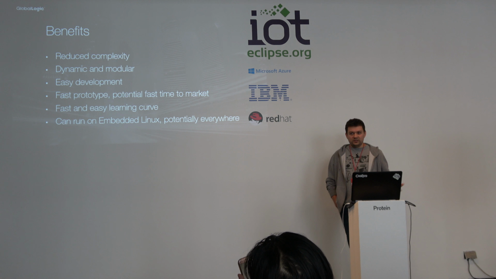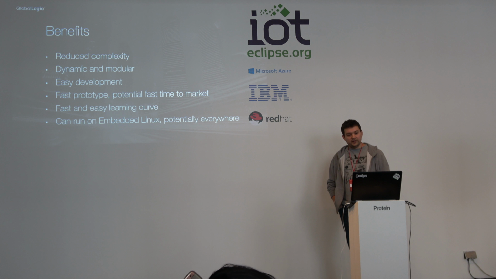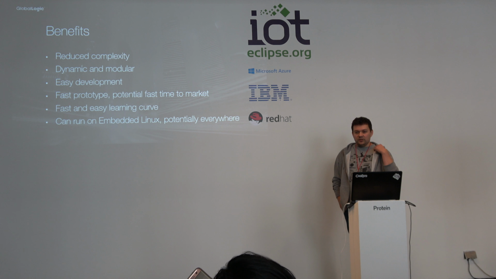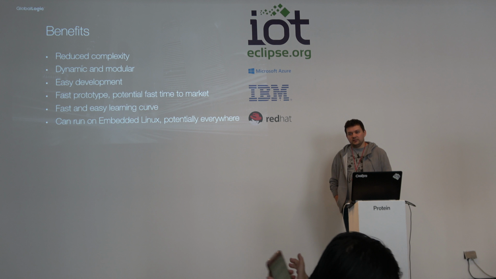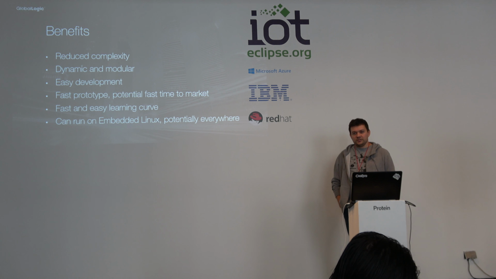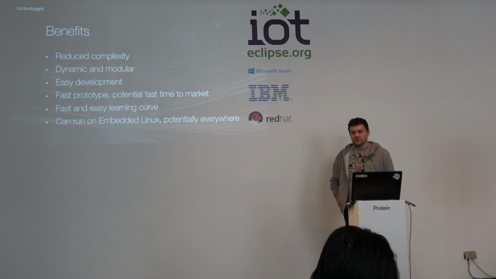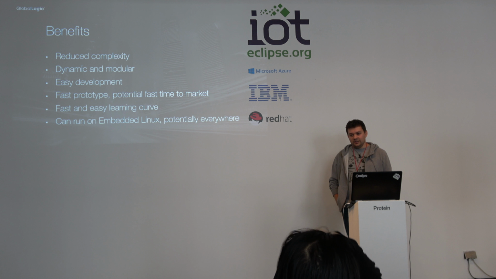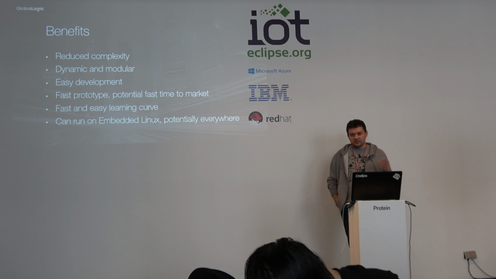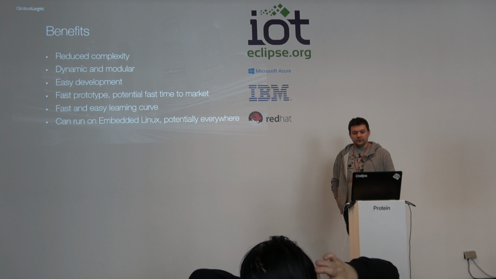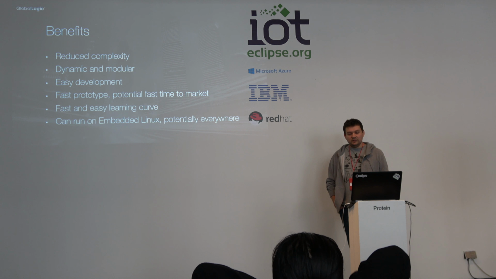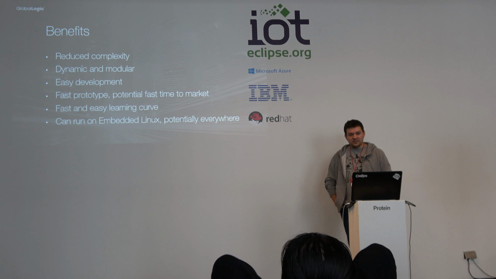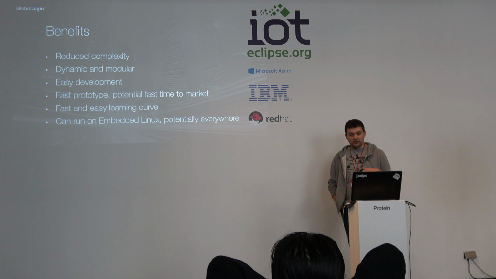All this is provided by Eclipse Kura, by this framework. OSGi provides modularity and dynamism to your application. Your application can be split into modules which can start and stop at any time. So if you design your application quite well, this mechanism gives you a lot of benefits.